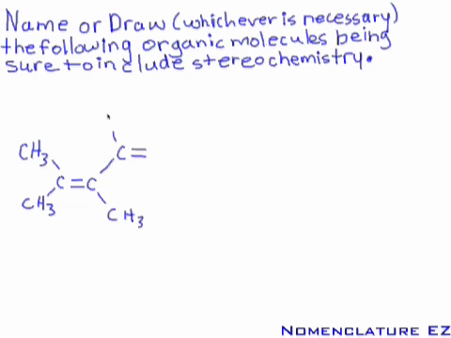An alkyl group was attached there that looked like this. And a carbon off the double bond that had a bromine and a CH2OH.